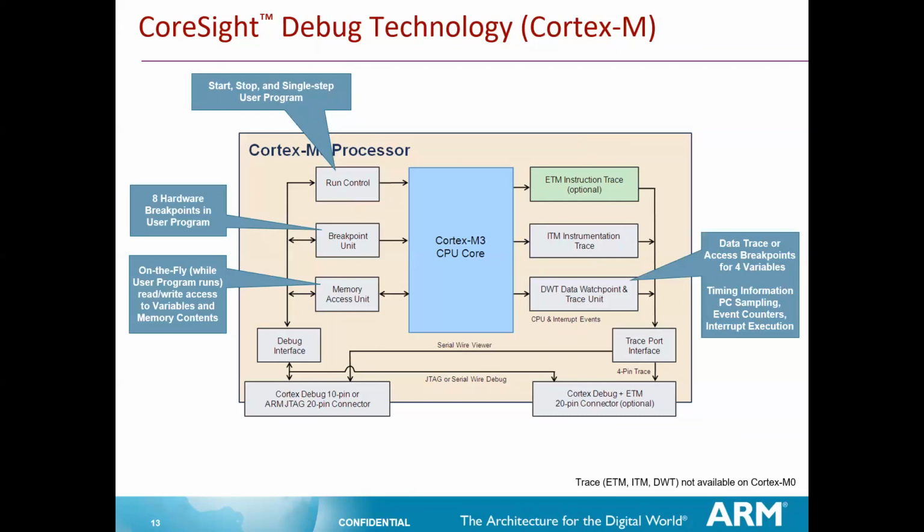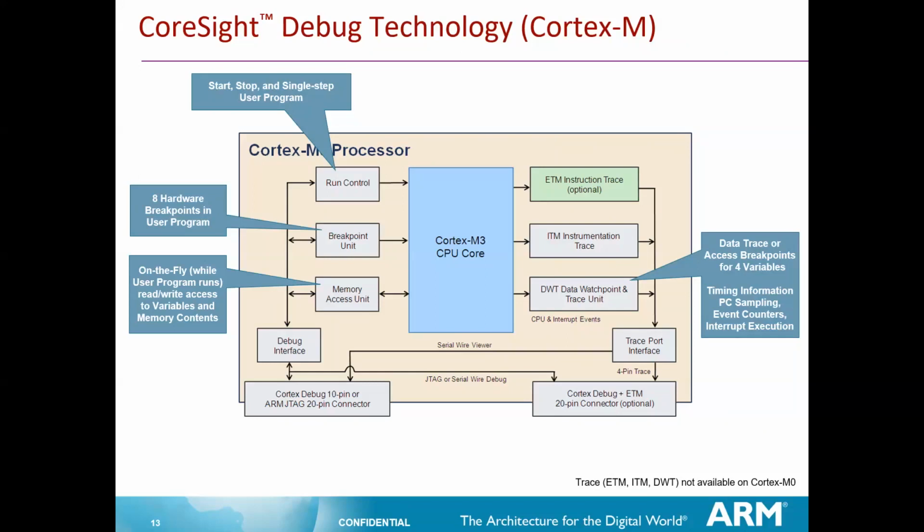Data watchpoint and trace unit. Actually this DWT has 4 analog comparators built inside, and any watch variable you add to the watch window of the Keil, that specific variable address will be loaded onto these comparators. Whenever the processor accesses this variable for reading or writing, that will emit a trace packet if the trace option is enabled.